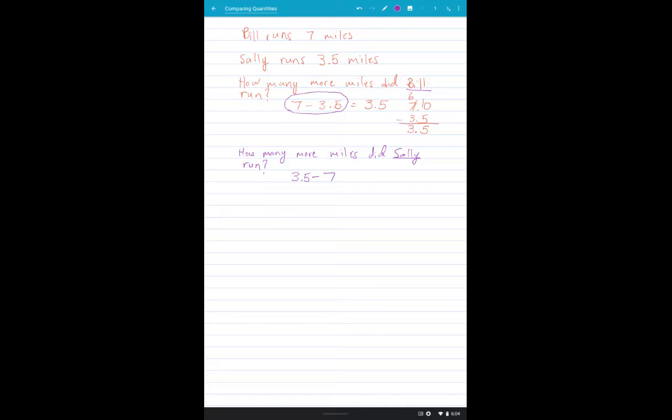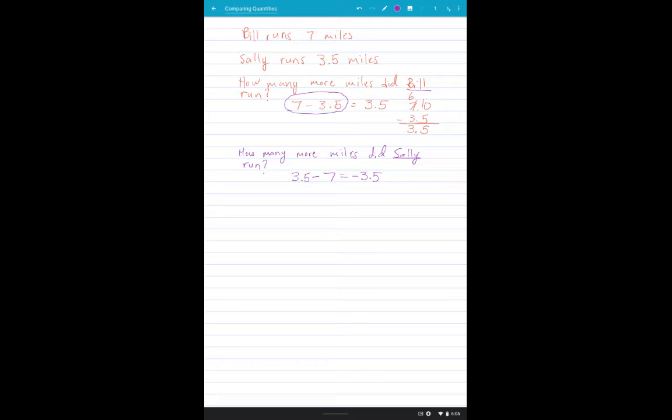Without using a calculator, since I know 7 minus 3.5 is 3.5, I know that 3.5 minus 7 is the opposite, which is negative 3.5. This is more of a 7th grade problem, and the first problem was a second, third grade problem.